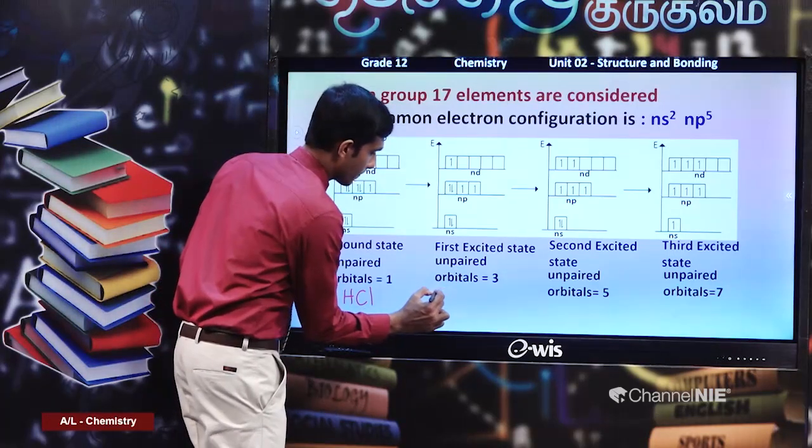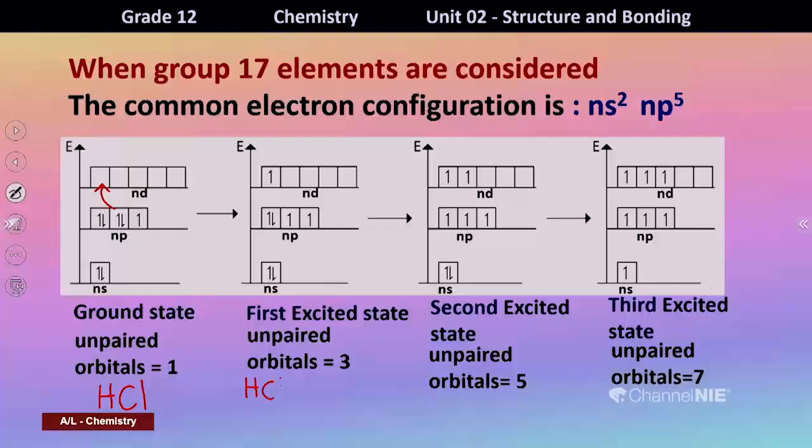For example, chlorine can form 3 covalent bonds. In HClO2, chlorine has formed 3 covalent bonds. If you look at the Lewis structure, like this, HClO2, there are 3 covalent bonds.